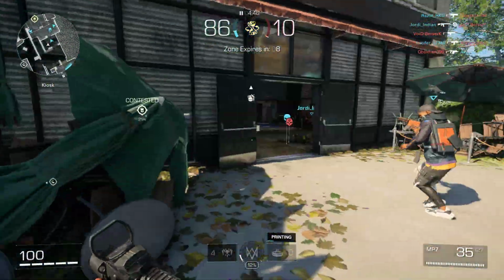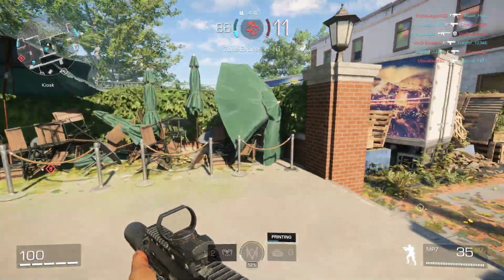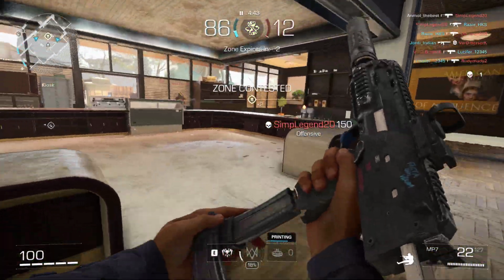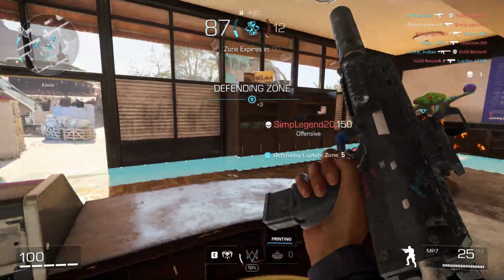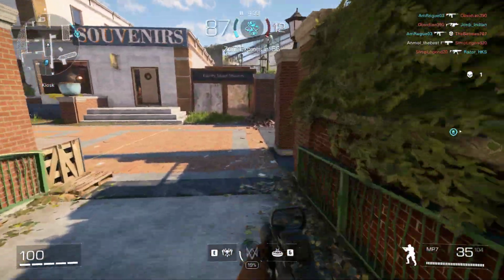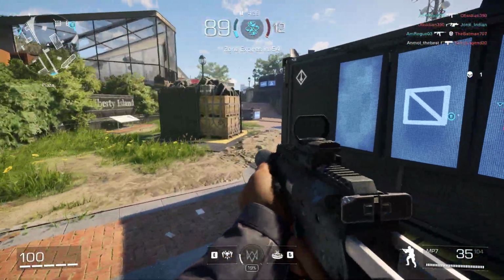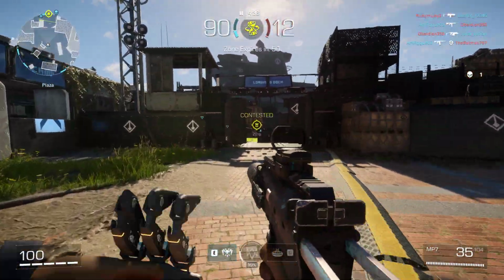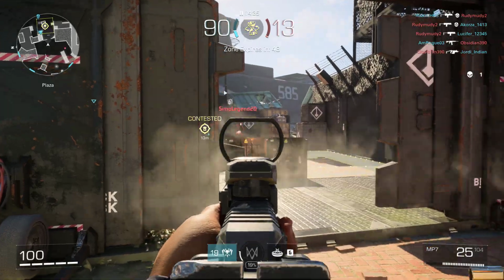Capture zone relocating. Capture zone at risk.